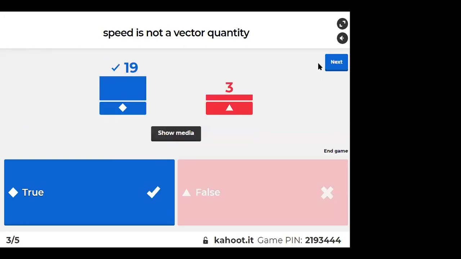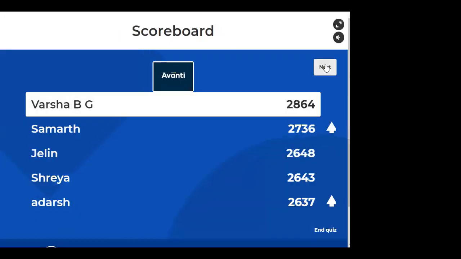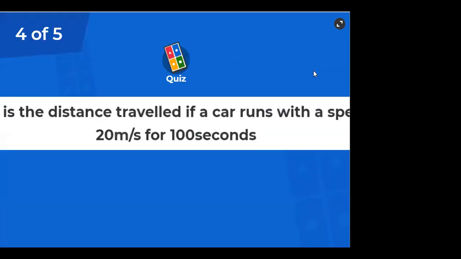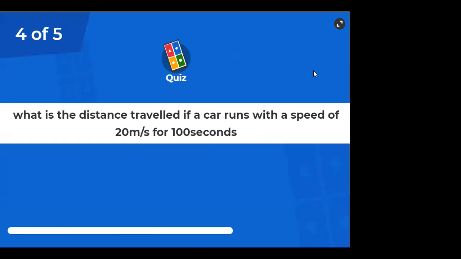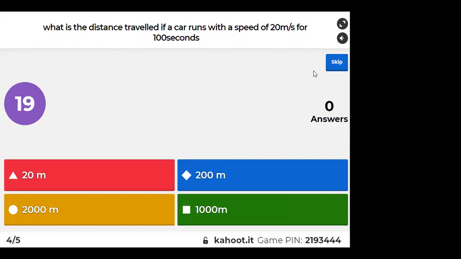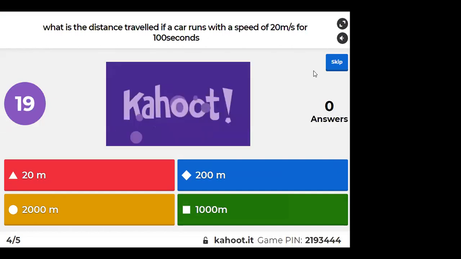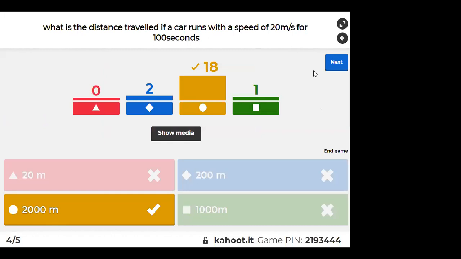Yes, true, correct. Speed is not a vector quantity, it's a scalar quantity, correct. Right?